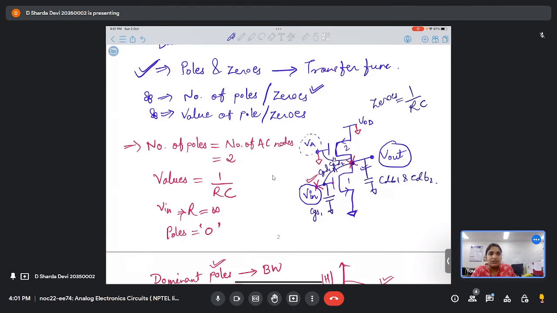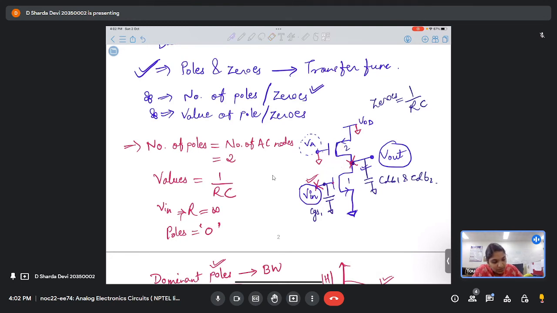That is the question. Where the capacitance is present in that node, we need to consider the resistance.